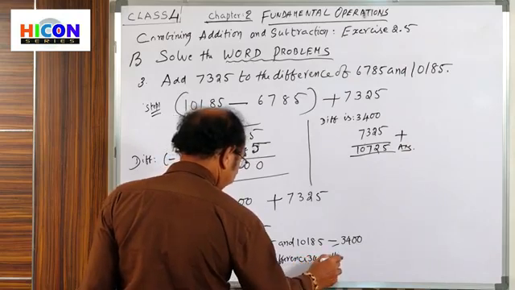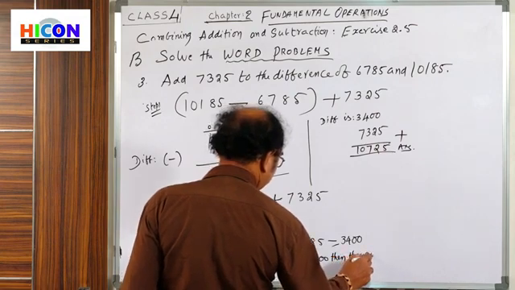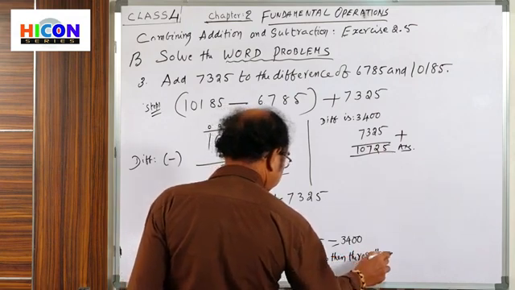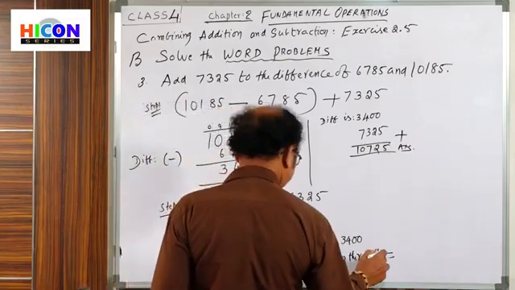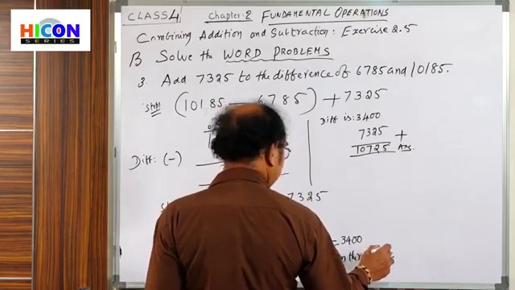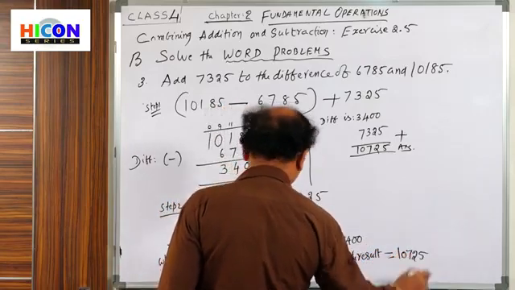Then the result is equal to, how much we got? 10,725.